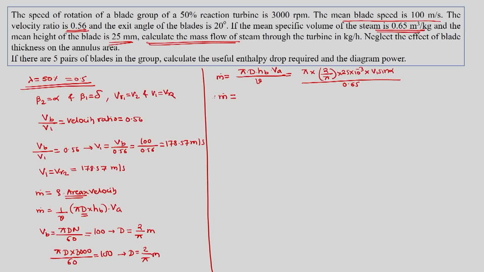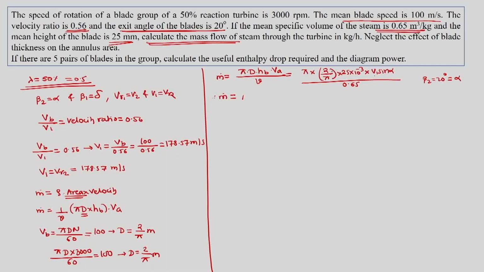We are given the blade angle at the exit as 20 degree, so beta 2 is 20 degree, but that is equal to alpha. So alpha is 20 degree, and V1 is calculated.